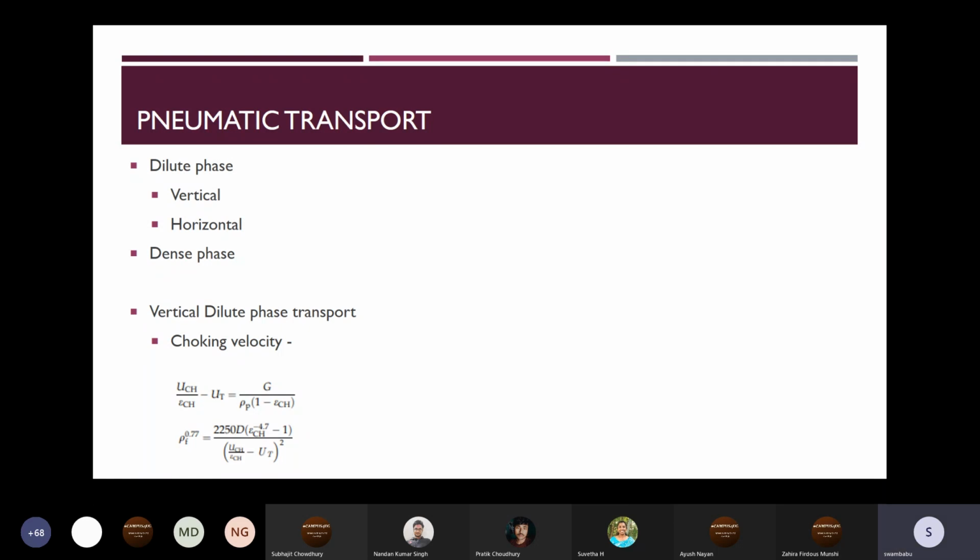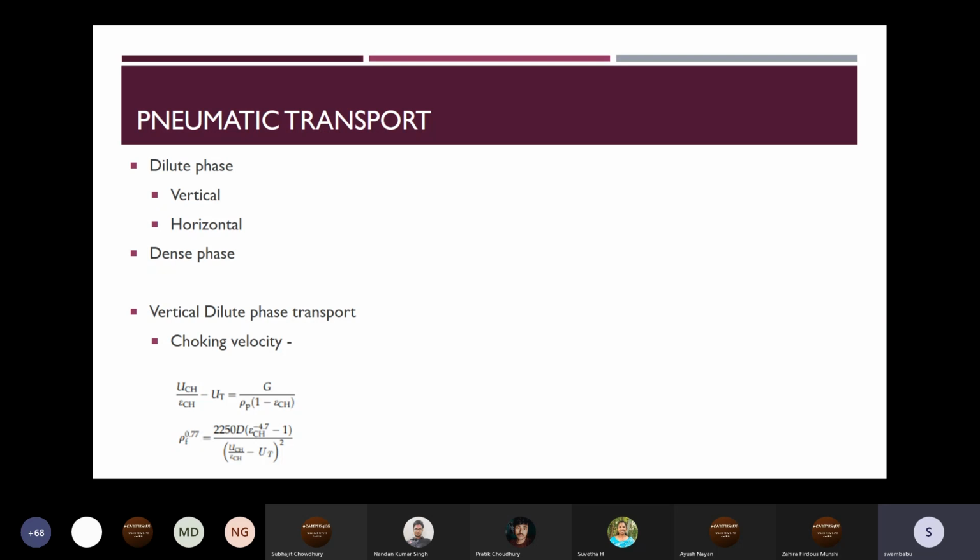Now, in the last class, we saw that in vertical dilute phase pneumatic transport, we have a critical velocity called choking velocity. I mentioned in the last class what choking velocity is. The velocity of the gas should be 1.5 times this choking velocity to avoid unwanted conditions like choking.